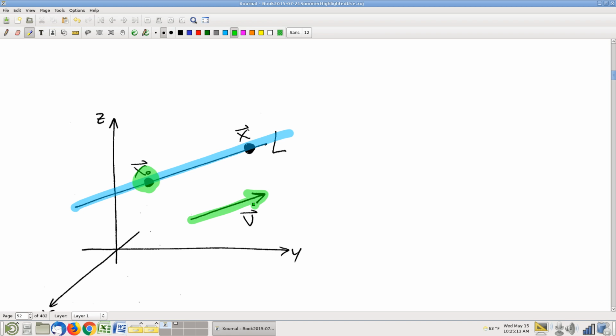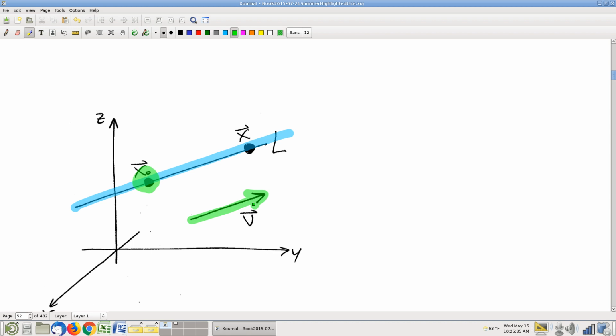But it remains that the direction vector v, I'm going to call this a direction vector, is pretty much telling me how the line is oriented. And then once I tie it down to it having to go through this point, then we're done. The line has no more flexibility. There it is, only one such line.